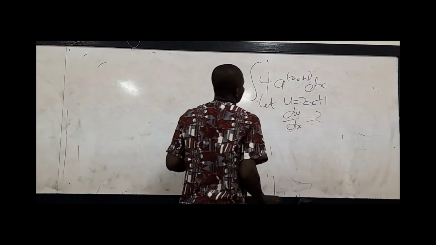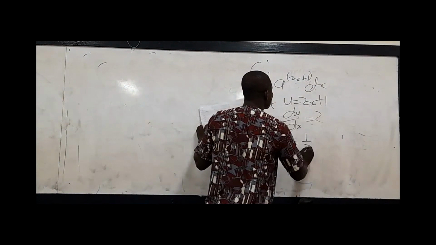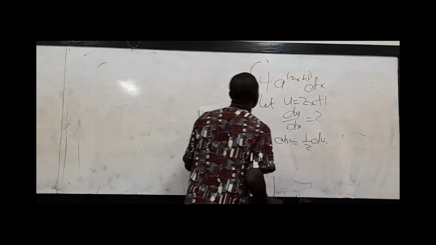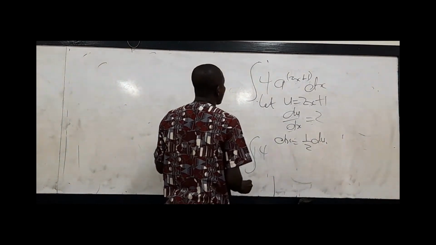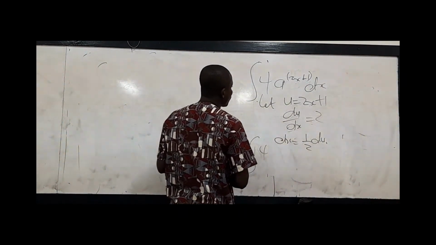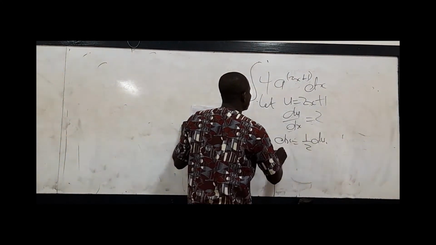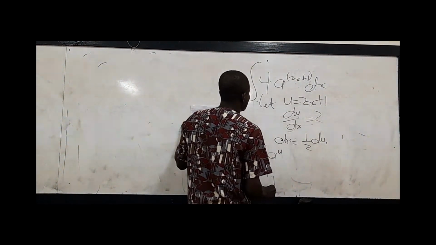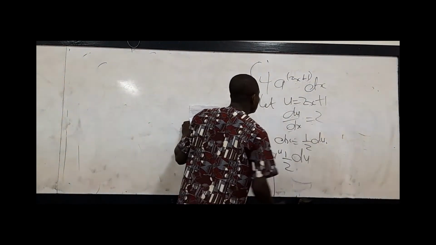So over here, dx is equal to 1/2 du. So I'm having the integral of 4a^u times 1/2 du.